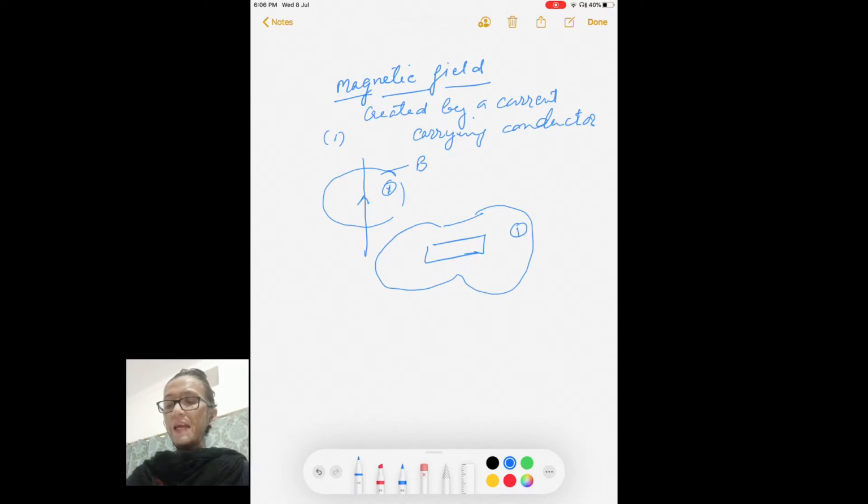When you bring any compass needle near to that, it will get deflected. And that influence, that strength of this magnet all around it, is felt at each and every point, and that strength is expressed in terms of magnetic field. So magnetic field is created by two things, either your magnet or a current carrying conductor.